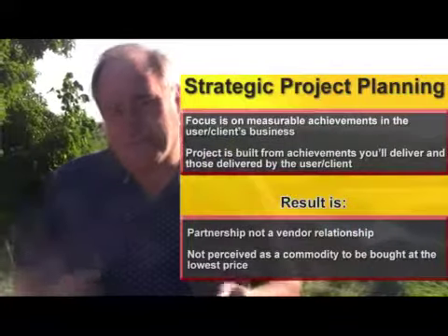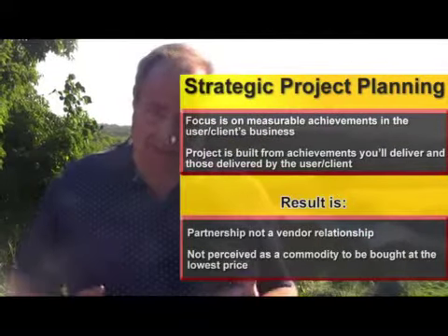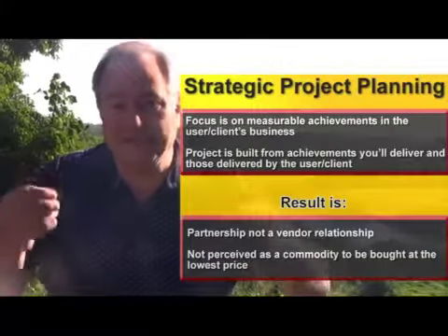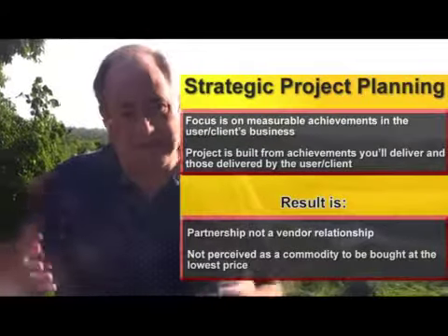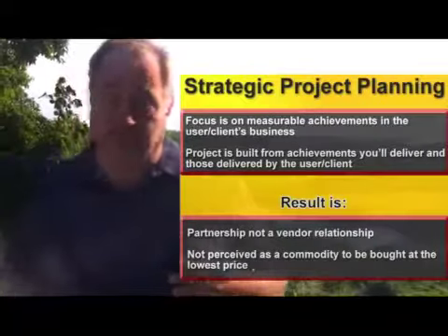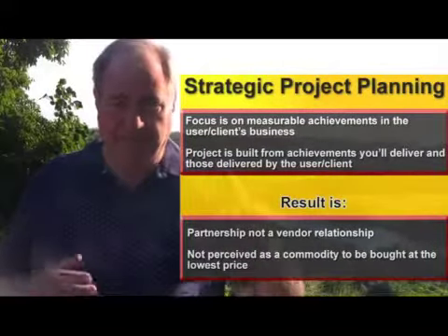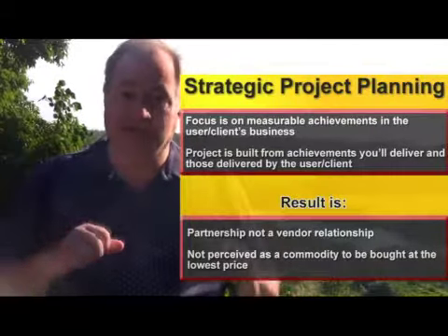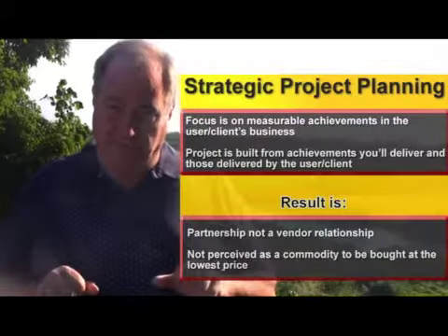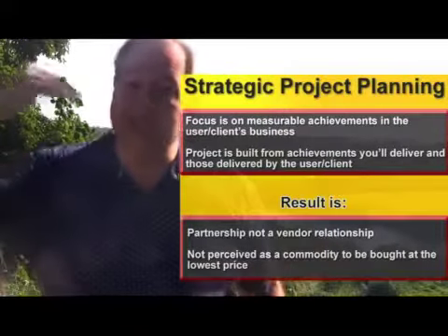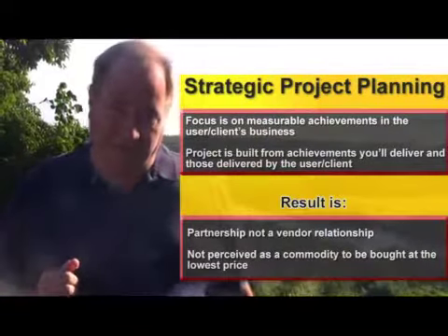One of the ways we improve our position with a decision maker is to work with them doing strategic planning, because that means we need to uncover the performance pressures they feel and identify achievements that will relieve that performance pressure. And if we can do that, we improve our position with that decision maker.